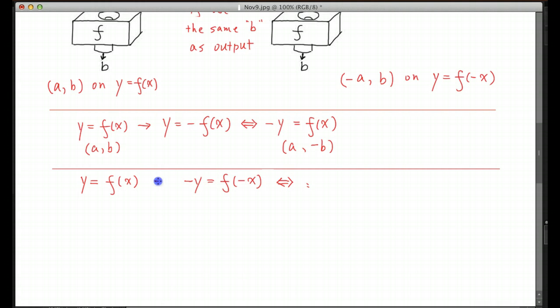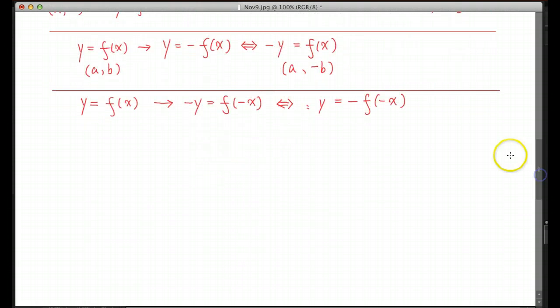So if we see the original function y equals f(x) transformed to -y equals f(-x), this one can be written as y equals -f(-x). And then it looks like we have two steps. First step, we can do this, y equals f(-x). And then we go one more step to get this.